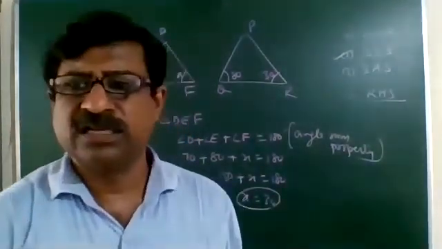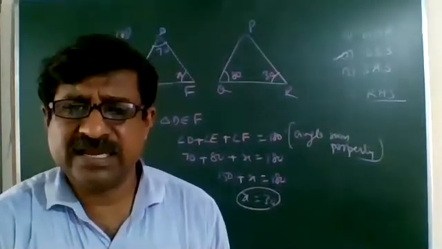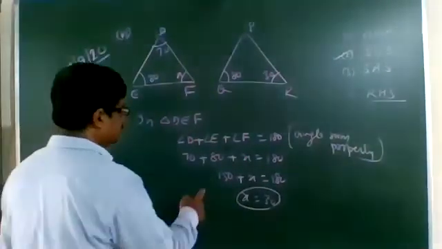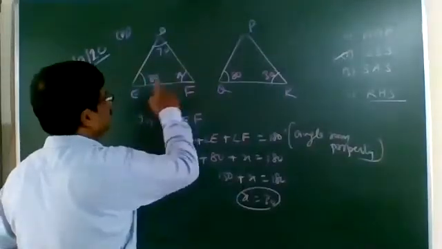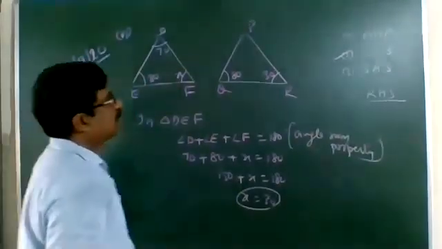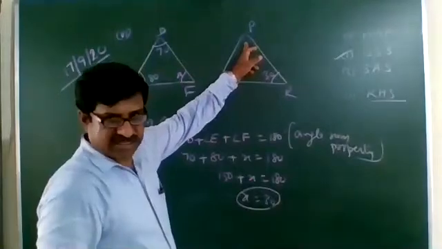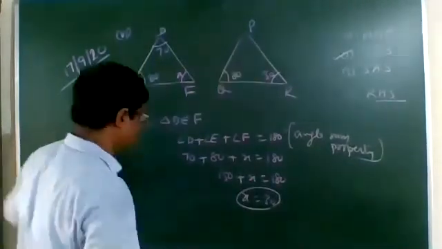We got three angles of the first triangle. Three angles of the first triangle are 70, 80, and X. Here 80, 30, and P is not given, so we could find out the third angle.